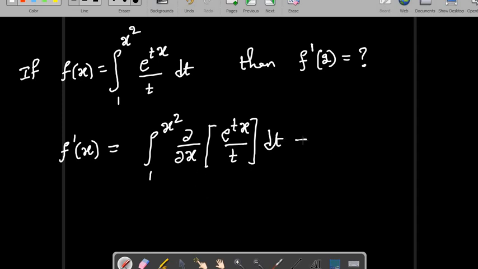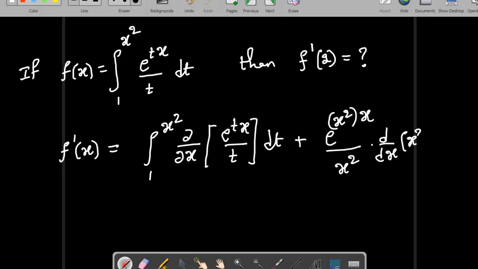And this plus g of the upper limit. What is the upper limit here? In place of t, I plug in x square, so you have e power x cubed over x square times the derivative of x square, which is nothing but 2x. Minus the other expression would be 0.